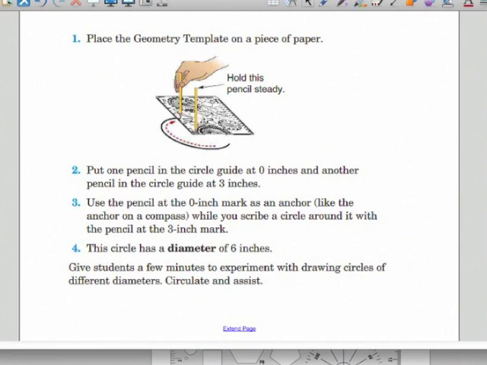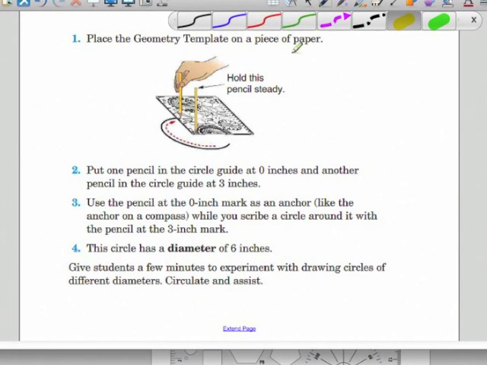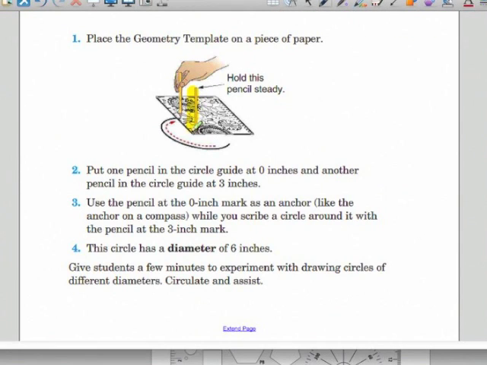Hold this one very still with one hand, and then the one that the other hand is on back here is just going to circle around, okay? And you should be able to make a circle that is 3 inches for the radius, so the diameter will be 6 inches. So go ahead and try that. Make small circles, bigger circles. If you're having problems, make sure you raise your hand. We'll be happy to help you.